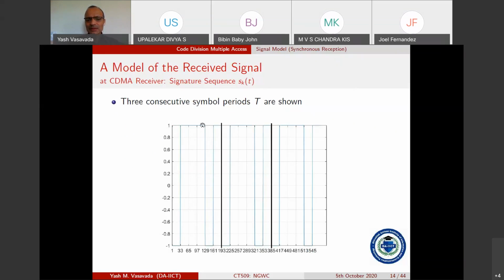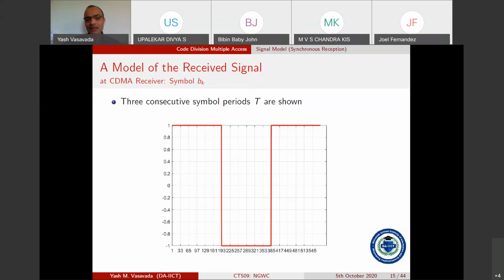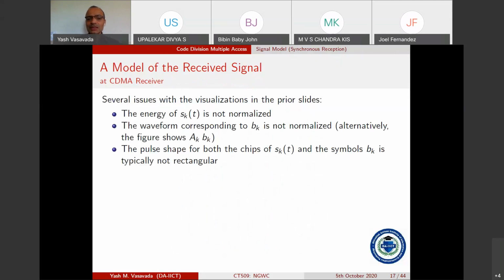But these are not bits. They don't carry any information. They are there just for allowing multiple access, and so they are known as chips instead of bits. And both the chips as well as the symbols typically have some raised cosine pulses instead of rectangular pulses.